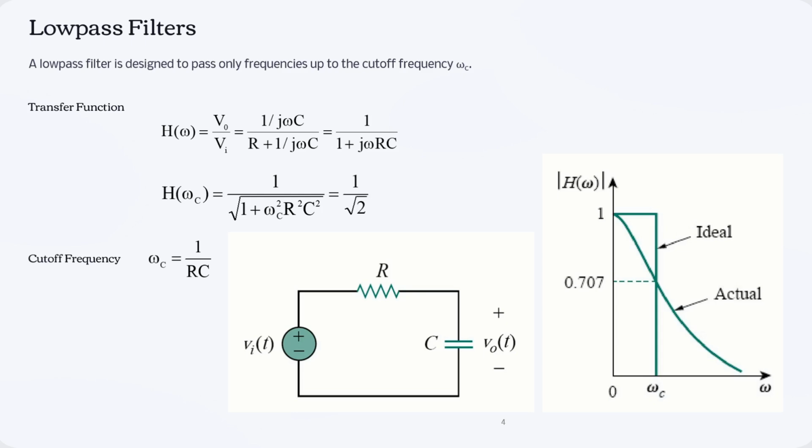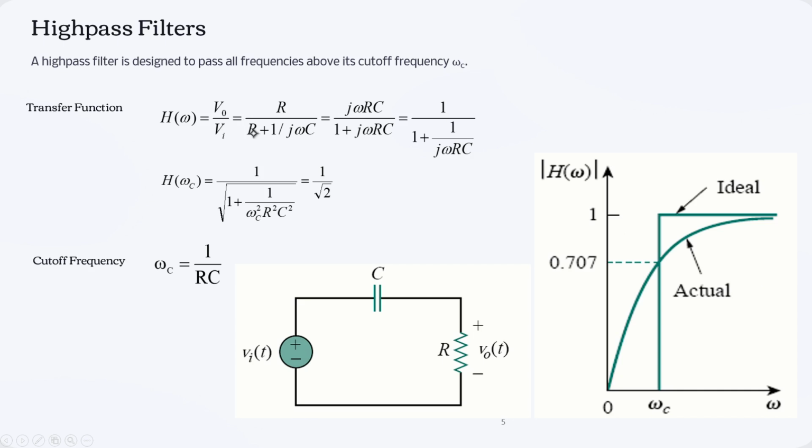So that is the property of a low pass filter. As we are getting the output across the capacitor, this property will follow and it will pass signals which are lower in frequency, and the frequencies on the high frequency side will get attenuated.